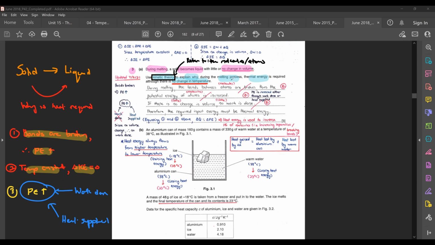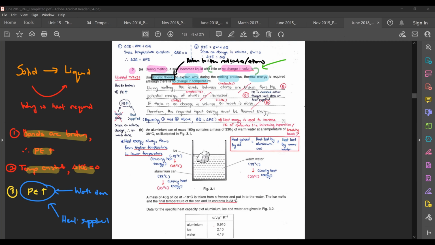So right now, if you refer to this statement here, they say that the solid becomes liquid with little to no change in volume. This one actually kind of tells you that there is little to no work done.